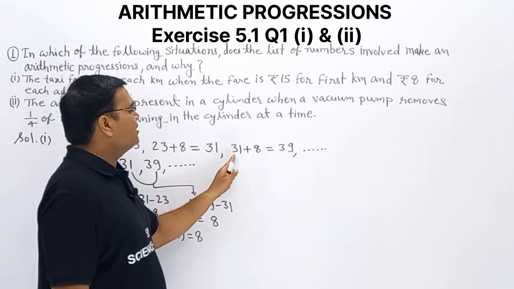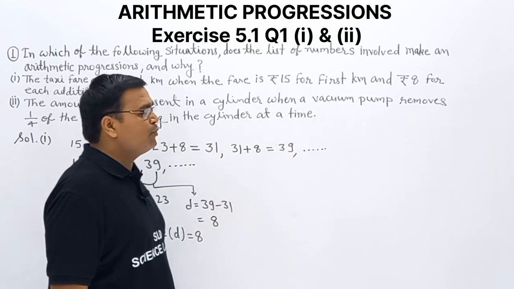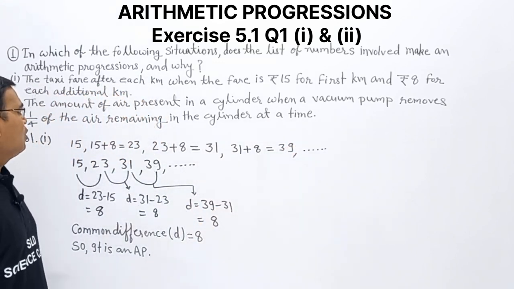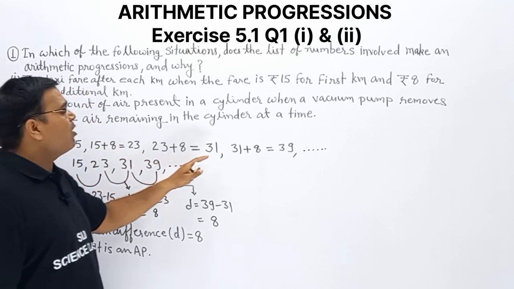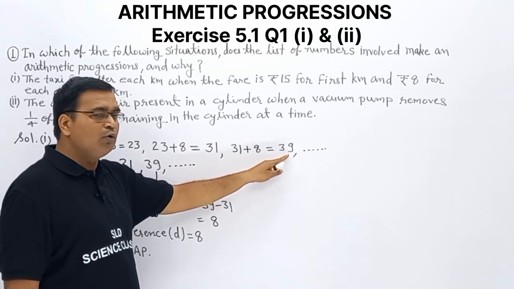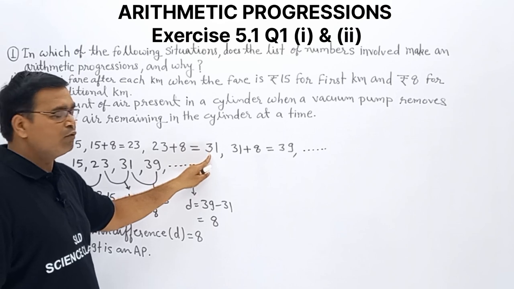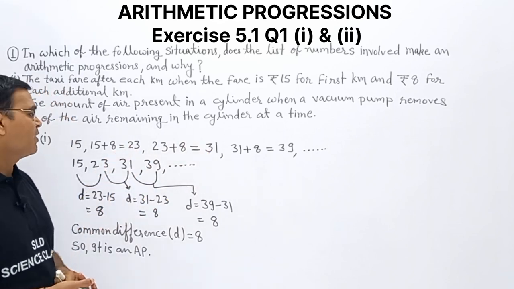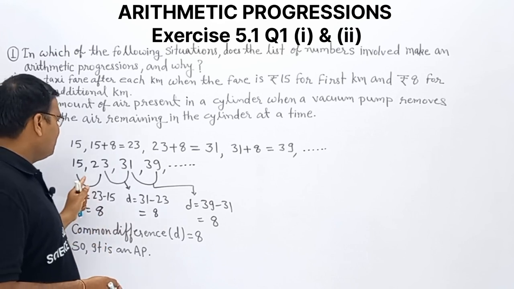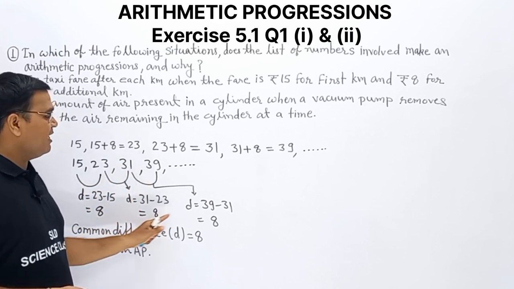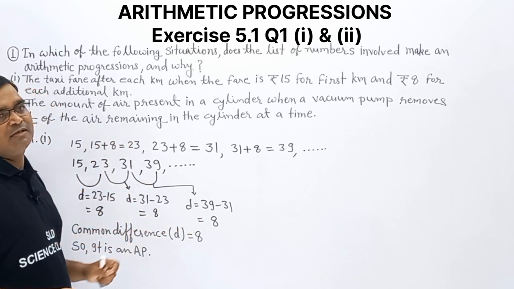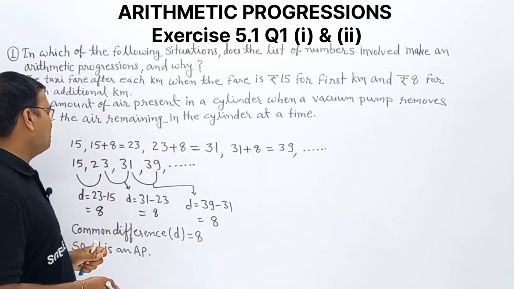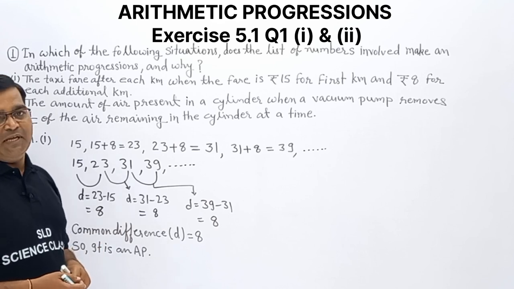For 4 kilometers, 31 plus 8, 39 rupees. So as per the situation, we pay 39 for 4 kilometers, 31 rupees for 3 kilometers, and 23 rupees for 2 kilometers. And in this we get the same common difference. So we can say the sequence we get from the given situation, that list of numbers, is an AP.